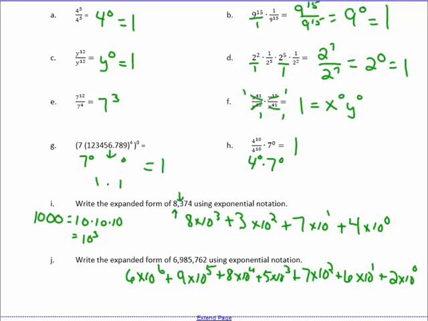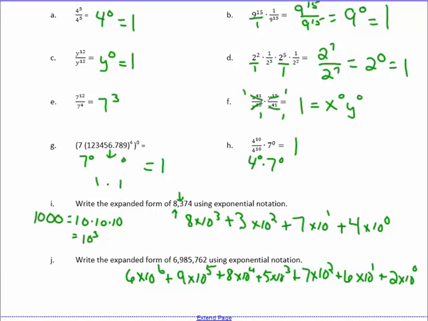All right, so again, we're going to be using that a little bit later on, but that is expanded form: 6 million plus 900,000 plus 80,000 plus 5,000 plus 700 plus 60 plus 2 is what that's telling me.